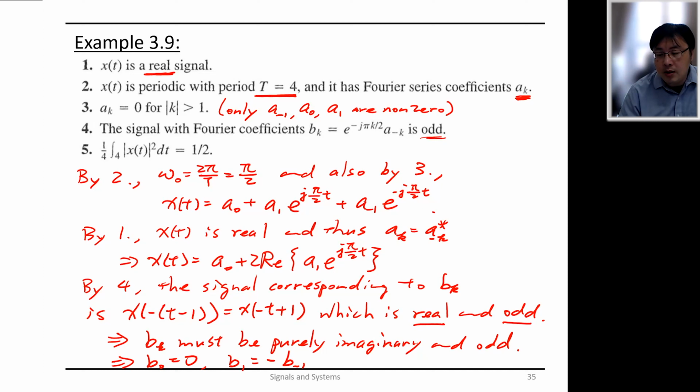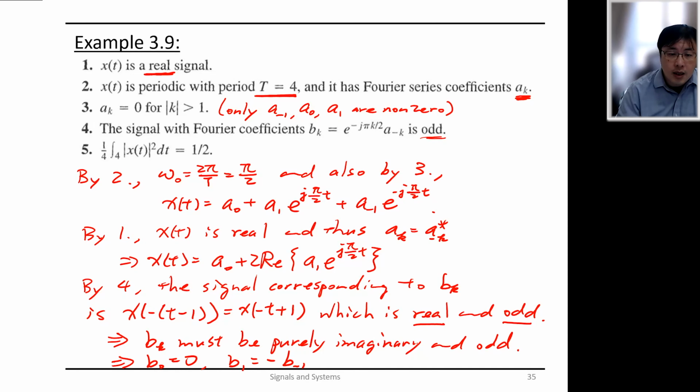What remains to be determined are the values for a0, a1, and a minus 1. Now, by property 1, we know that x of t is real, so the Fourier series coefficients are conjugate symmetric. So if you substitute this inside, x of t can be written more concisely as this, so it's actually determined by only 2 coefficients, a0 and a1.